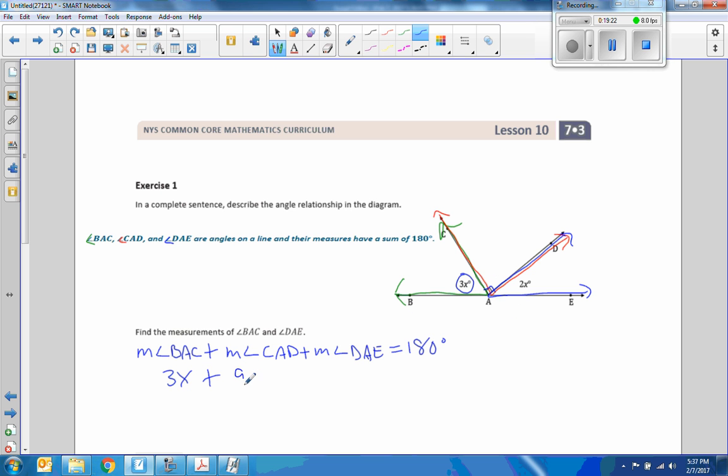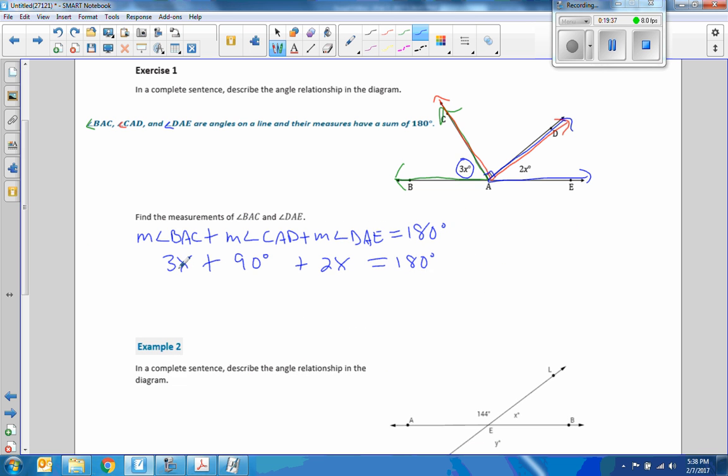That means 90 degrees, so I'm going to put 90 degrees. And then angle DAE is 2x. And they all equal 180 degrees. Now I'm going to combine my like terms. 3x plus 2x is 5x plus 90 equals 180 degrees.